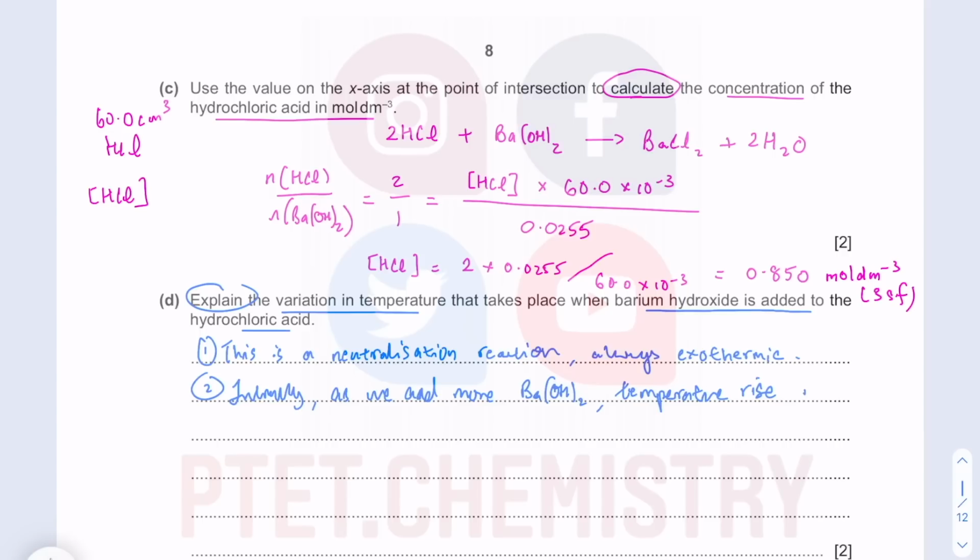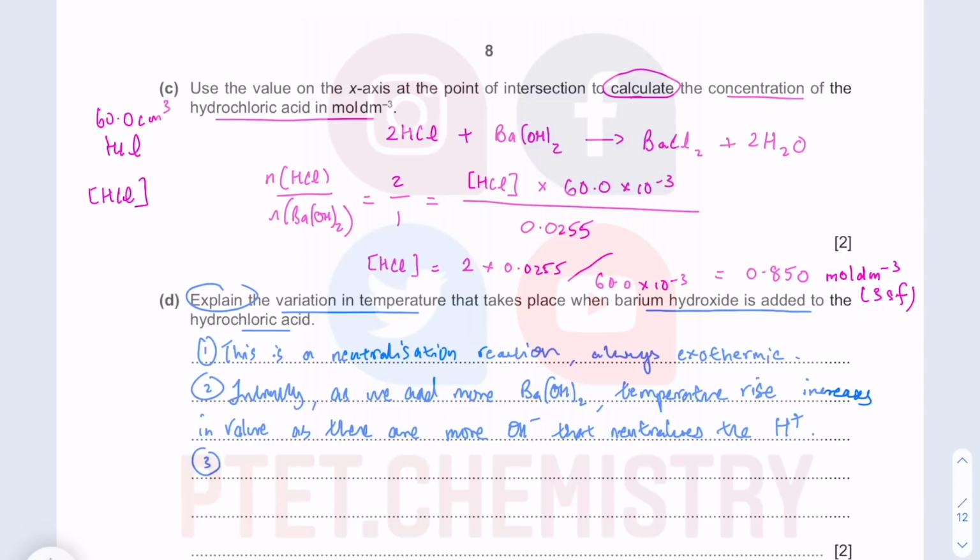The temperature rise increases in value as there are more OH minus that neutralize the H plus. So obviously the more water you form, the more H2O molecules you form, the more heat energy that the reaction will release.